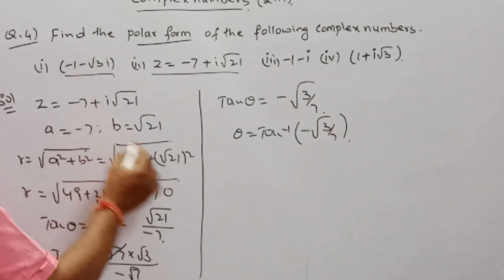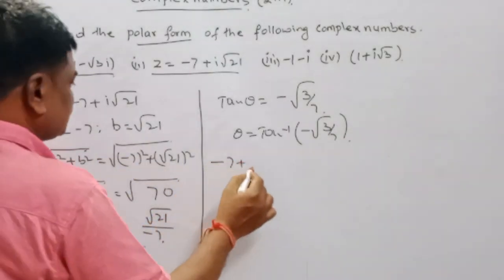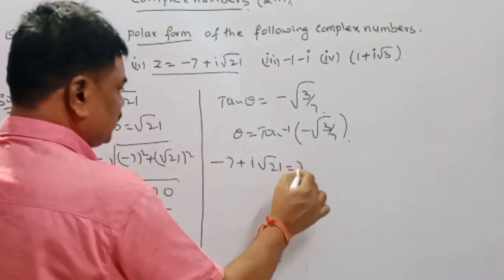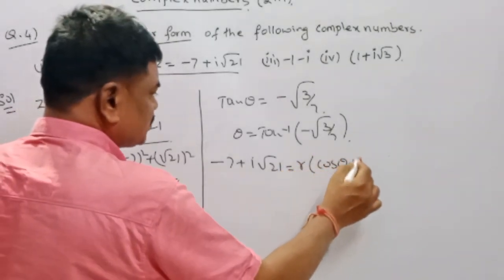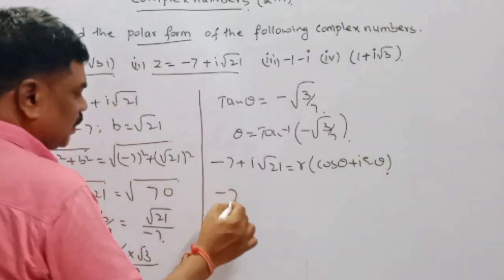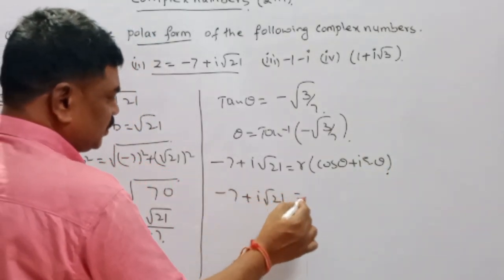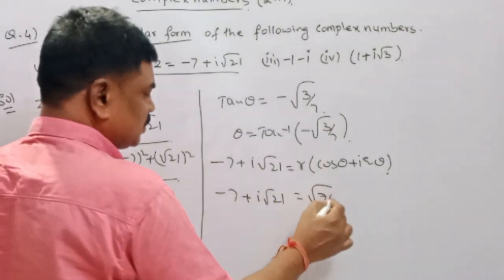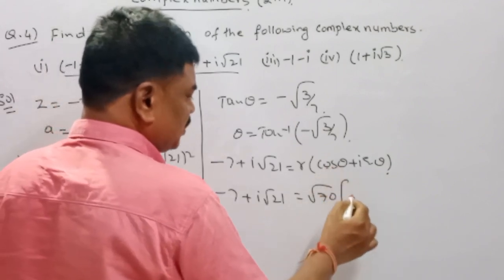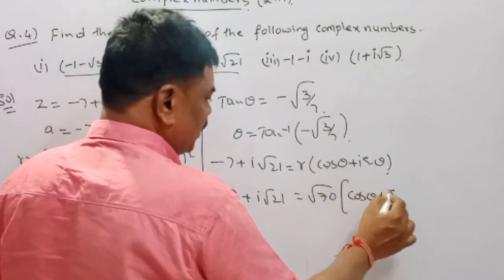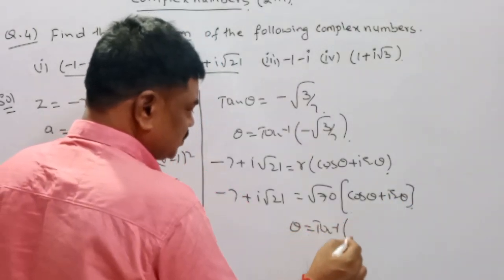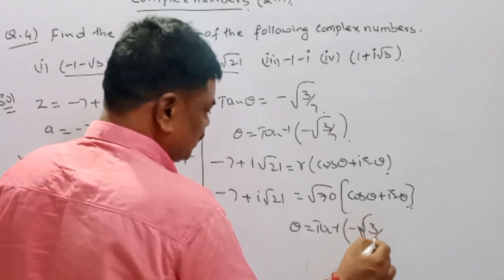So the polar form of minus 7 plus i root 21 is r into cos theta plus i sin theta. The r value is root 70, so it is root 70 of cos theta plus i sin theta, where theta is equal to tan inverse of minus root 3 by 7.